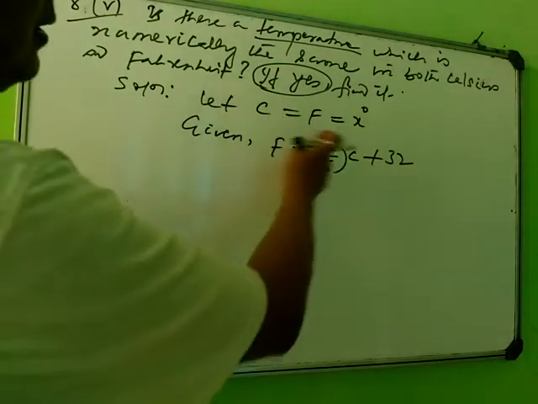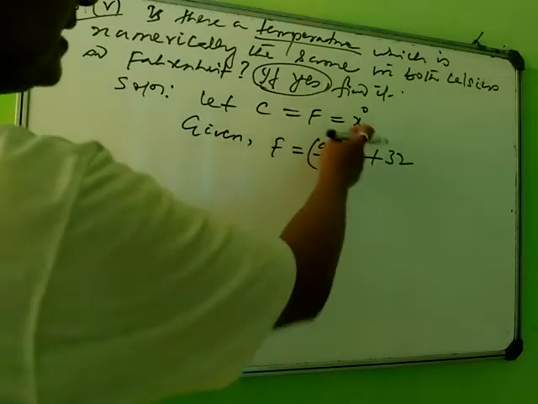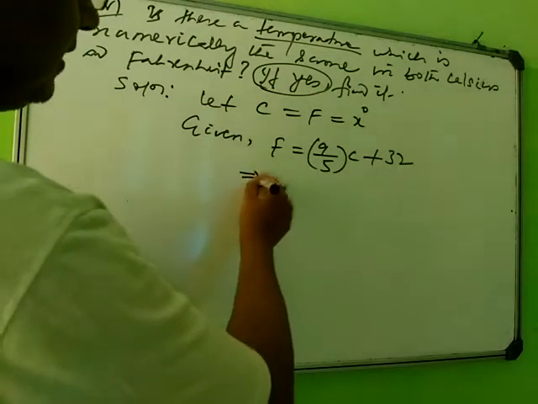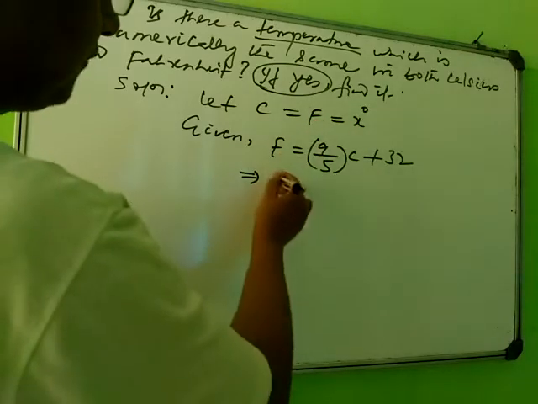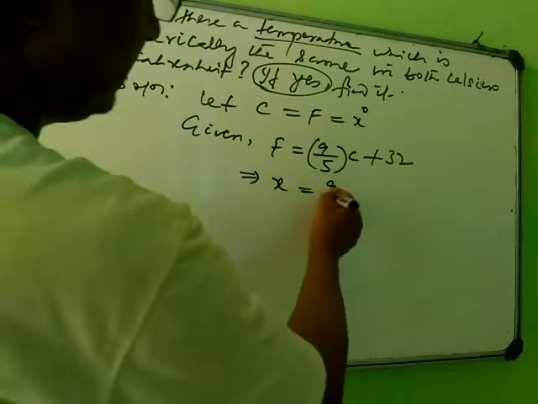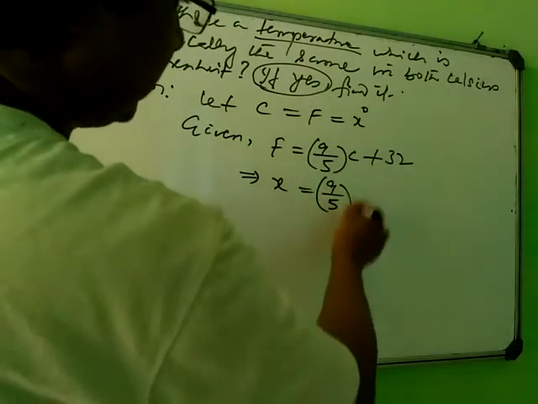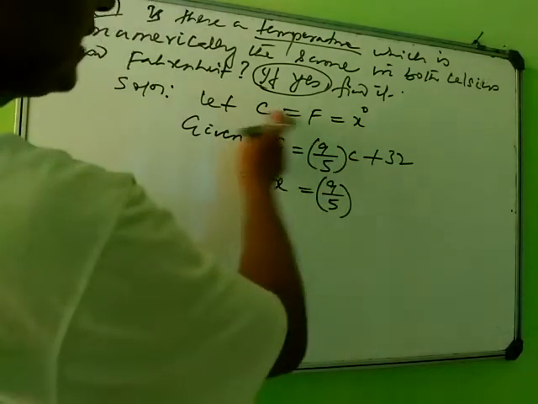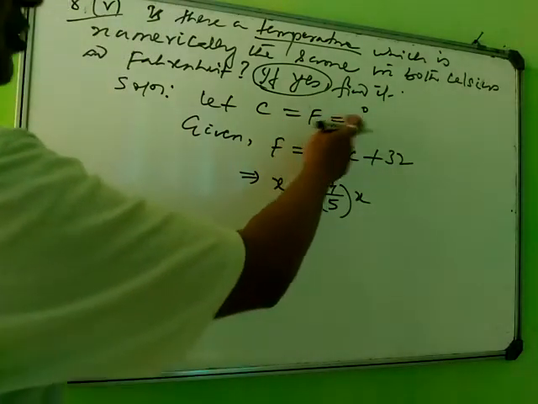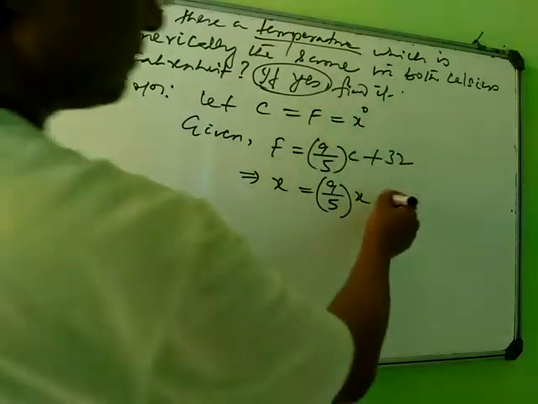That will be same for x degree Celsius and x degree Fahrenheit. Now you will find x. So here F is x, so in place of F you take x. 9 by 5, then in place of C you take x, because C and F equal x degree, plus 32.